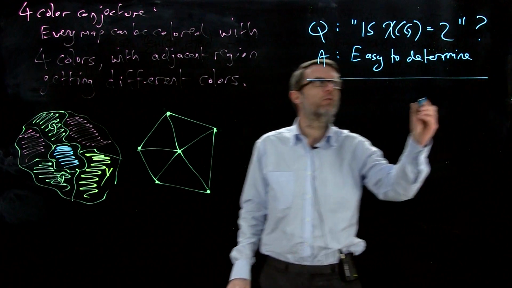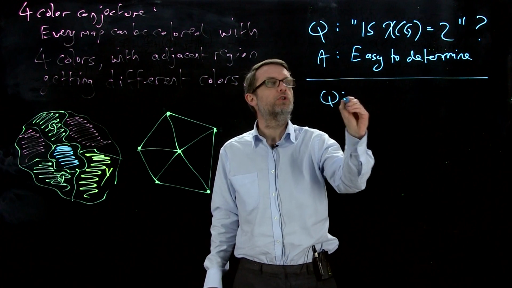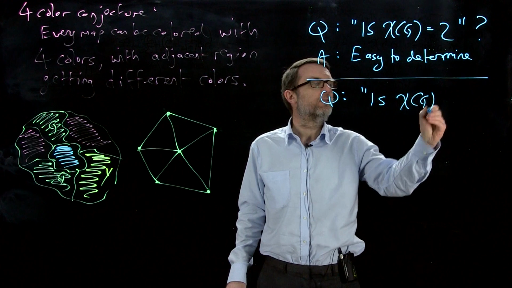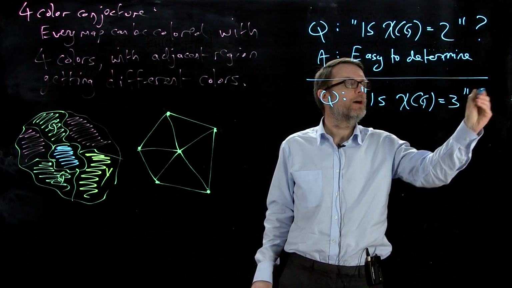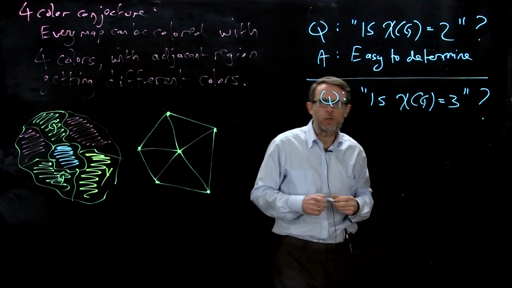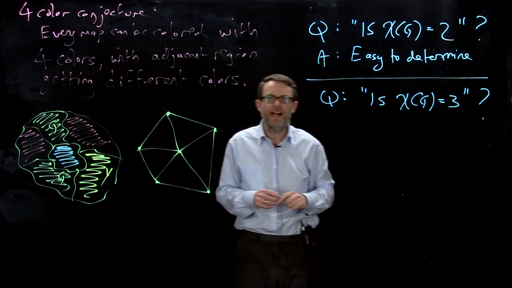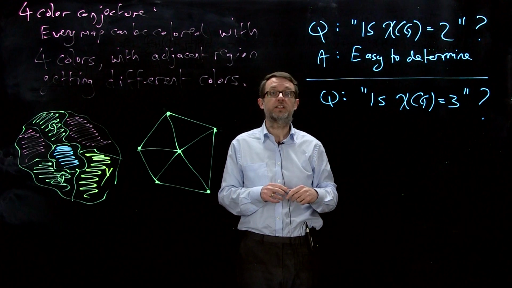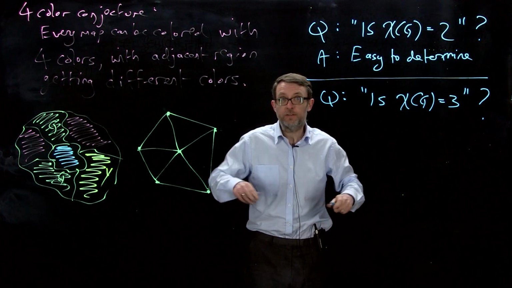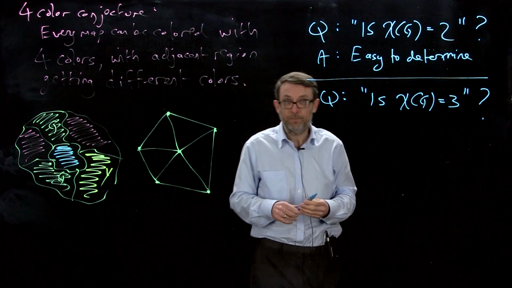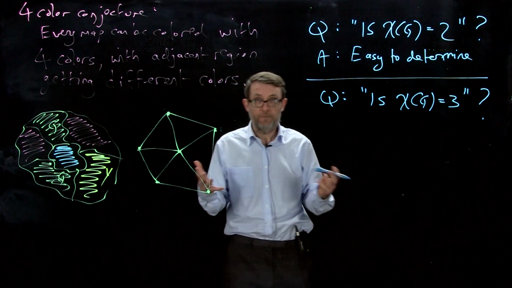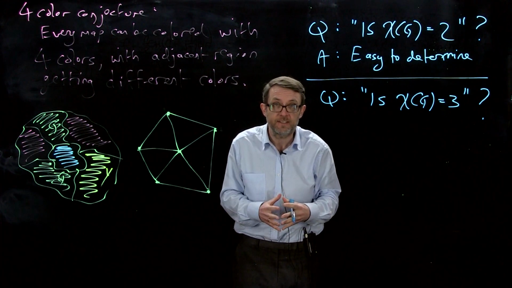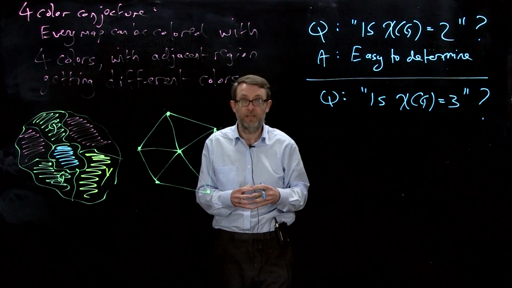Unfortunately, if you replace the 2 with anything bigger than 2, for example, if you ask the question, OK, I'm going to give you a graph, and I want you to tell me, does that graph have chromatic number 3 or not? Can you answer that for me? Well, of course you can, because the graph has finitely many vertices. There are only finitely many ways to partition the vertex set into 3 blocks.